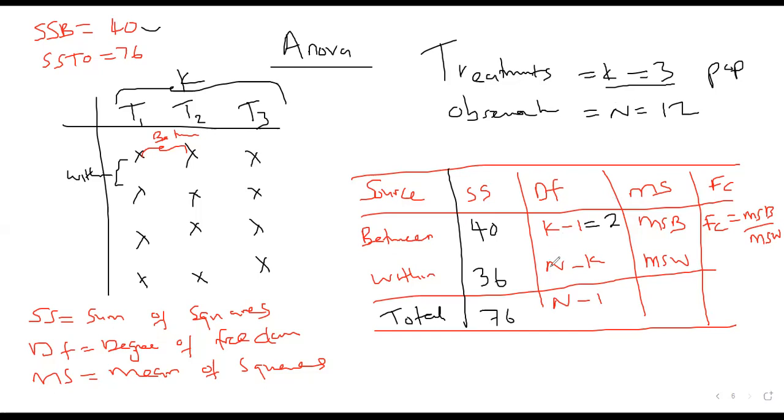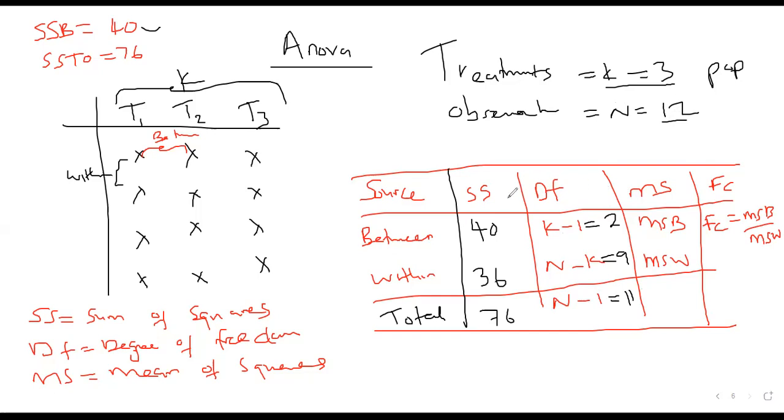Then N minus K: our N is 12, so 12 minus 3 is 9. The total we just add: 9 plus 2 is 11. Or you can simply say N minus 1, which is 12 minus 1, 11. You still get the same answer. So balancing up is very easy; you just need to follow the steps.